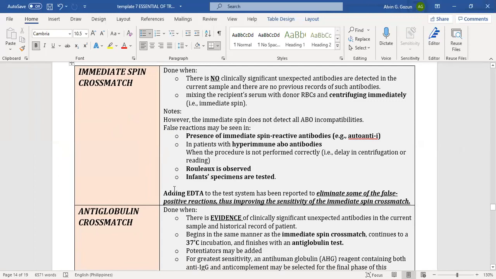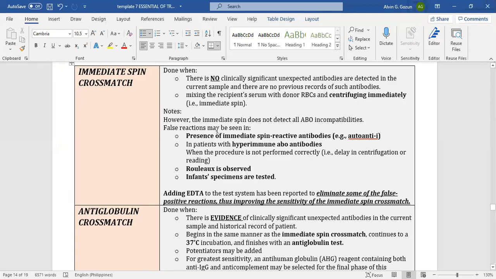The immediate spin cross-match is only done when there are no clinically significant unexpected antibodies detected in the current sample and no previous record of such antibodies. Mixing the recipient serum with donor RBCs and centrifuging immediately is what you call the immediate spin phase. Note, however, that the immediate spin does not detect all ABO incompatibilities.